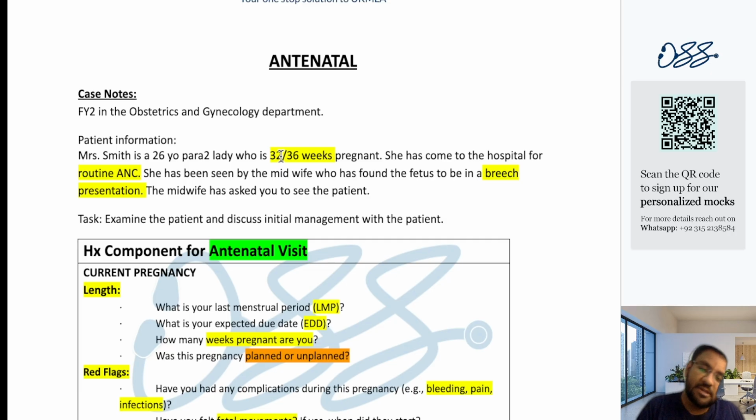And if it's not corrected, then we're going to admit you under our observation, and then we're going to perform some scans, some ultrasound, and a few tests that are very important to check the fetal well-being, like the CTG and the fetal heart rate.